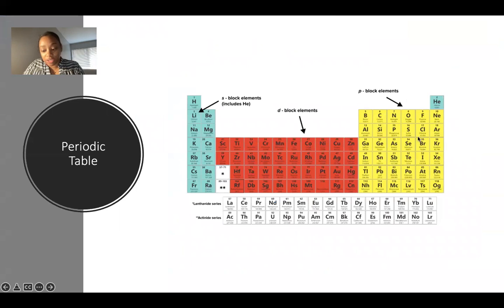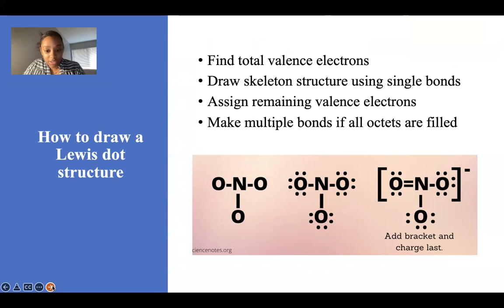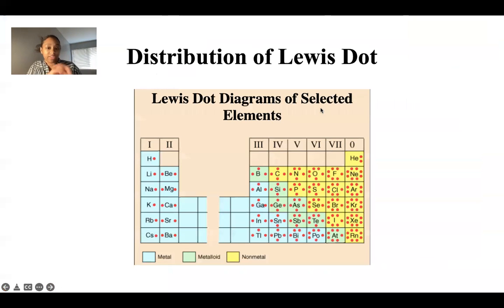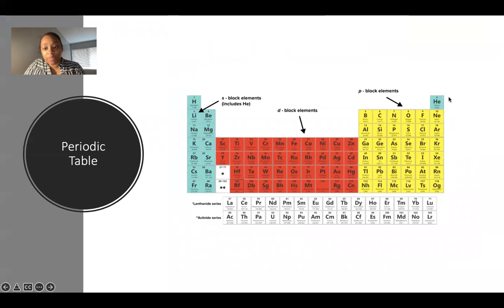Here is a distribution of Lewis dot structures, so you can see that oxygen is going to have 6 valence electrons. The way you would write that is a little different, because technically oxygen has 8, right?